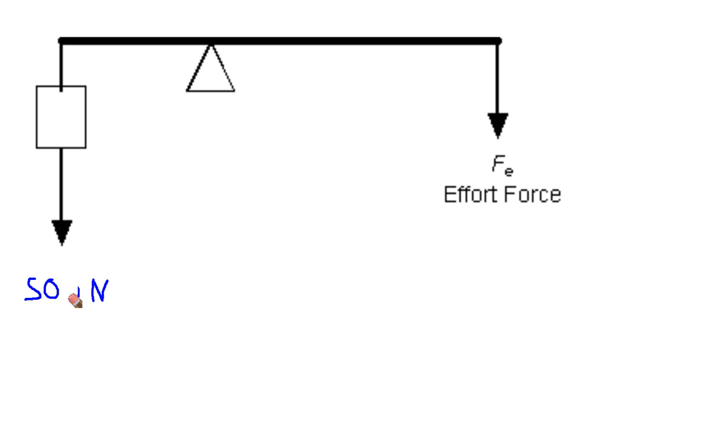Let's say we have 50 newtons of force on this side, and we know the distance. Here we said this was 10 meters. And on this side, I told you we had 20 meters.